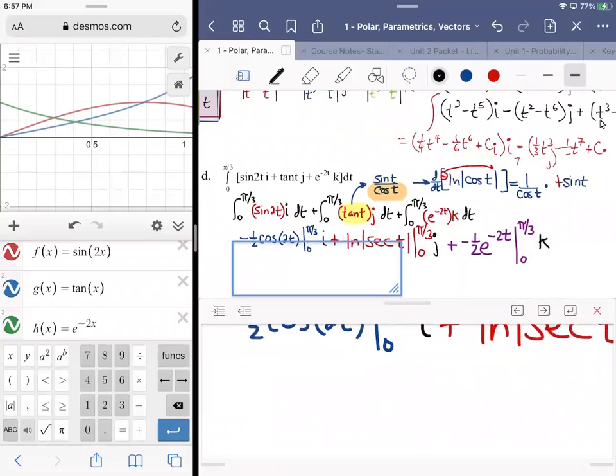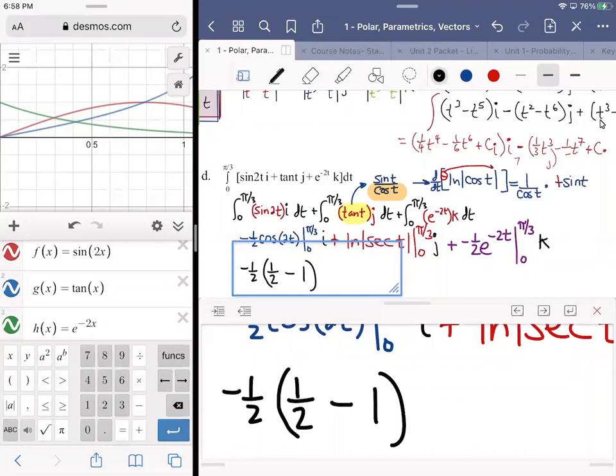All right. So negative 1/2 cosine of 2 pi over 3 is 1/2, minus, and I'll actually do that as a binomial. Cosine of 0 is equal to 1. We'll clean it all up in a sec. All right, so I'm just popping it all in.